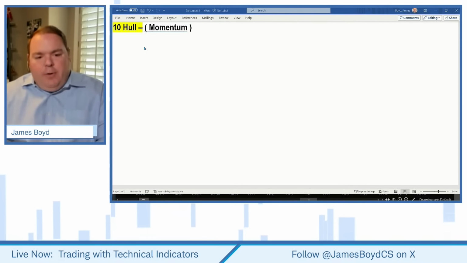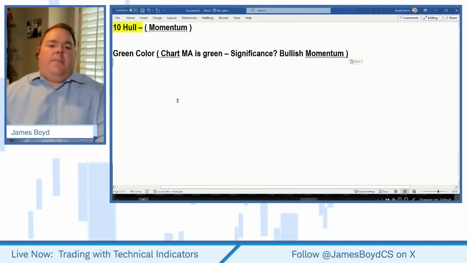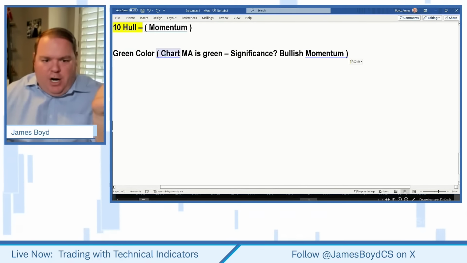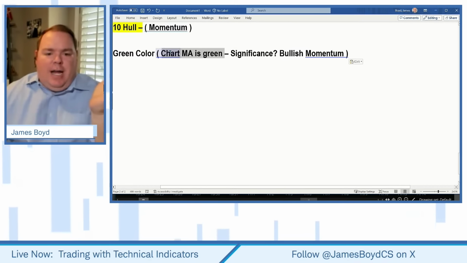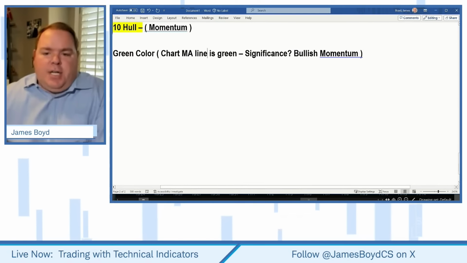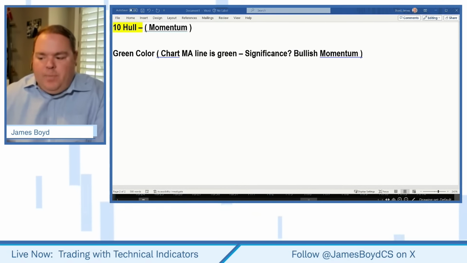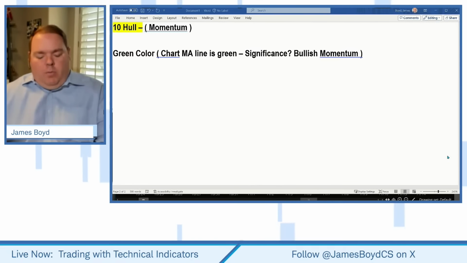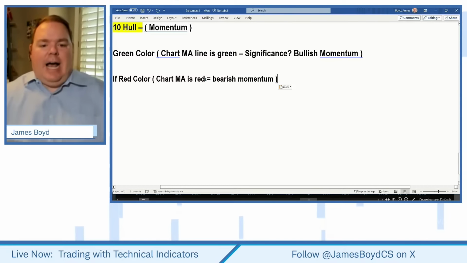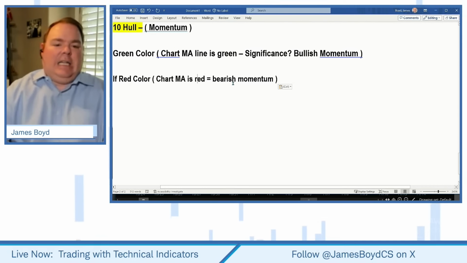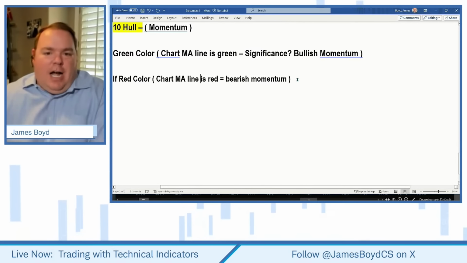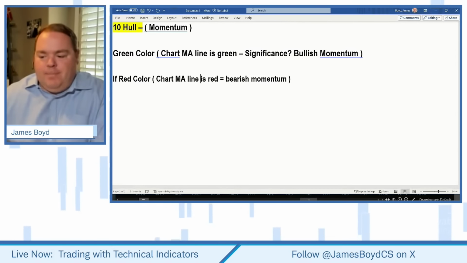So what does the green really tell us? In this case, when we look at the moving average, just like we saw in the previous chart, the moving average line is green. The significance is bullish momentum. If that column is red, it tells us that the chart MA line is red, which means at that moment in time there's bearish momentum, okay?